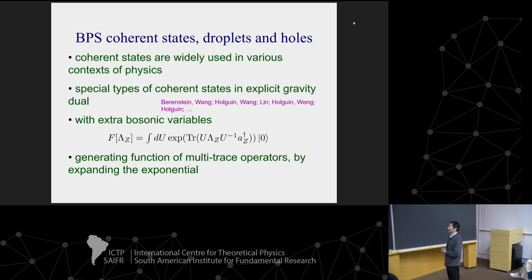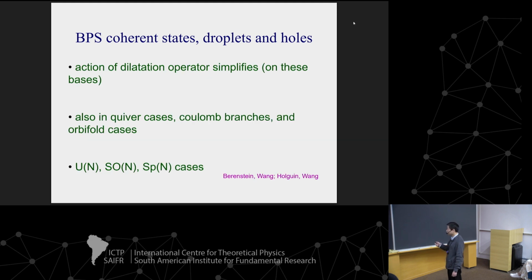It's the generating function of multi-trace operators because we can expand the exponent and view the lambda_Z as the expansion parameter. The action of the dilatation operators on these coherent state bases simplifies because the action of the A_Z operator on the coherent state behaves as the matrix lambda_Z.